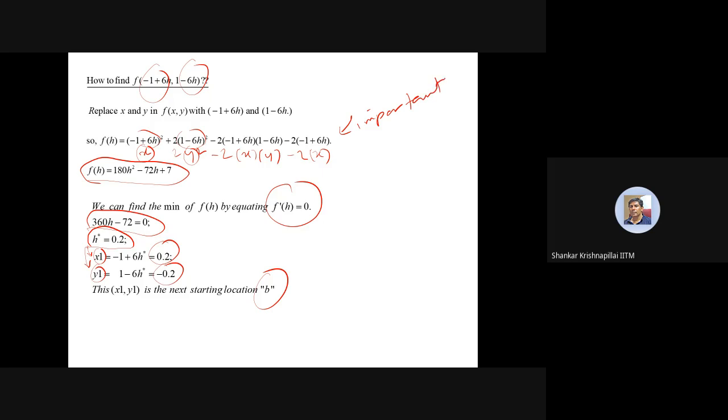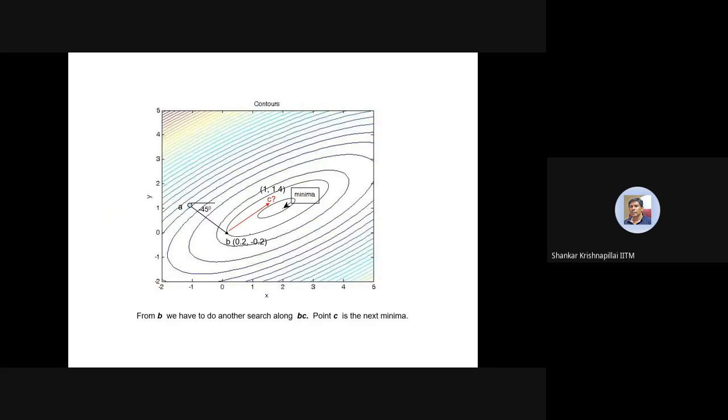That is how to substitute the equation of the search vector into the objective function, and you get an equation purely in h. So we found the value of the next location b as 0.2, minus 0.2.